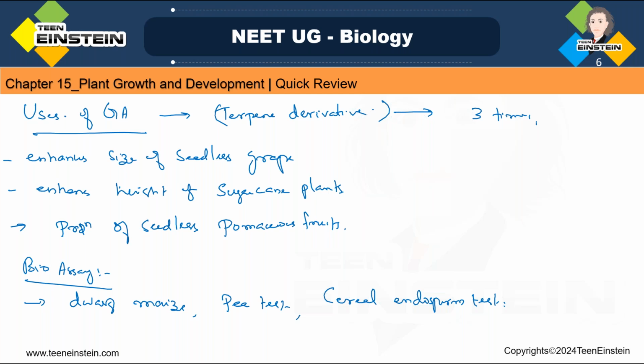That point you need to learn. Then what are all the uses: the size of seedless grape, the height of sugarcane plant increasing and so the yield also increasing, then seedless pomaceous fruits can also be produced. Then in which bioassays these are used. These are the main points which we need to learn.